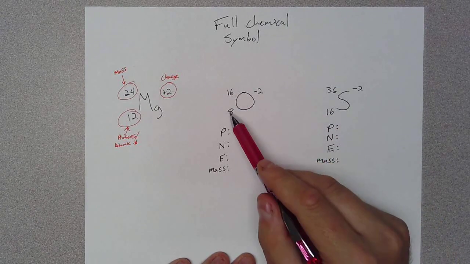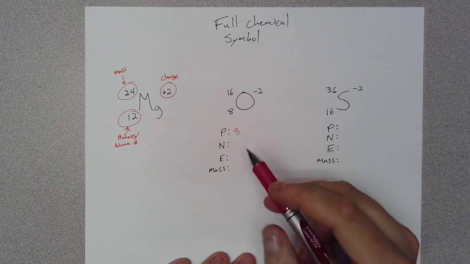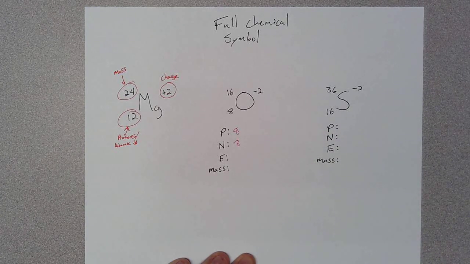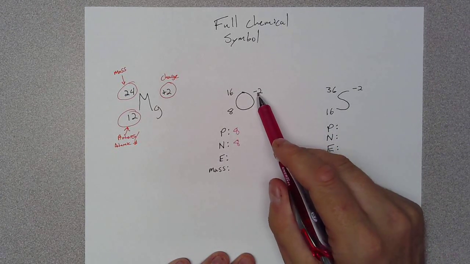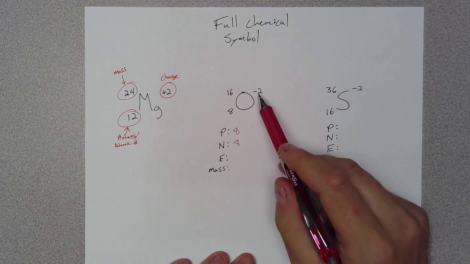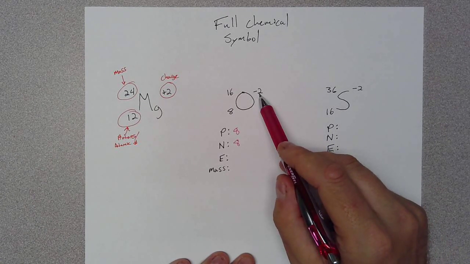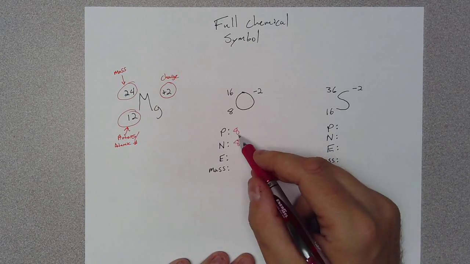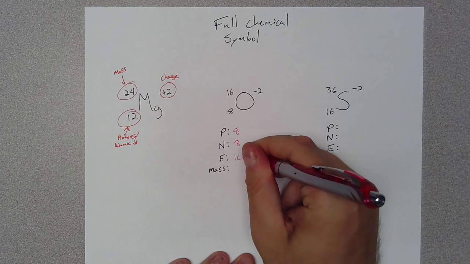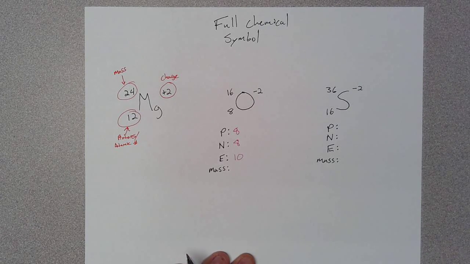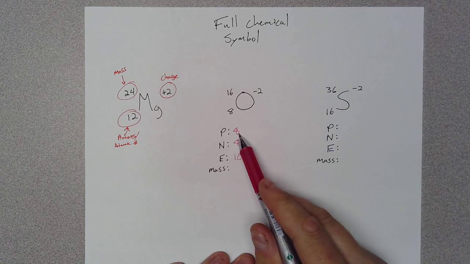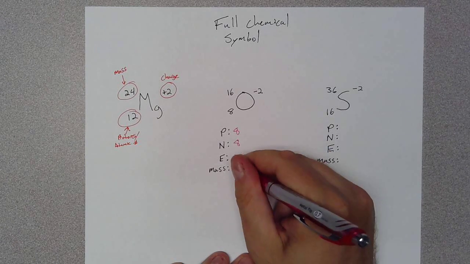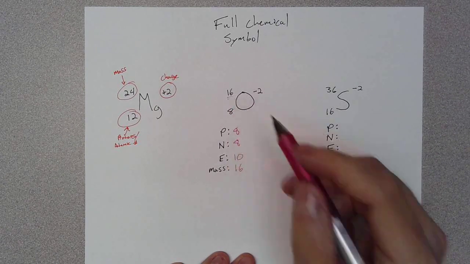Mass minus the protons is going to equal my neutrons here, which is also 8. Now, remember, this -2 means there are 2 more electrons here. So I have to add it to the protons, and I should get 10. Now, we look at the mass. Mass is 8 plus 8 equals 16. It's also up here in the corner.